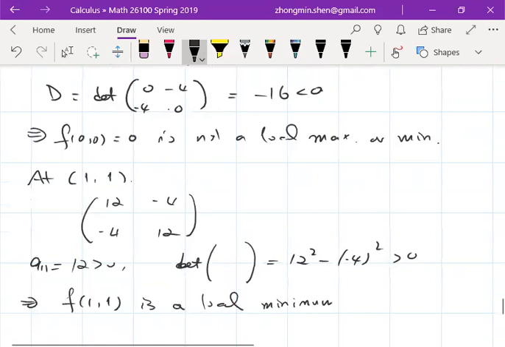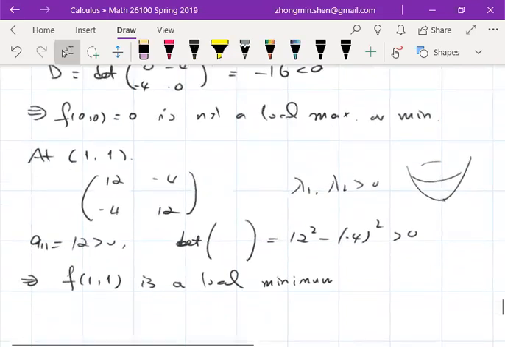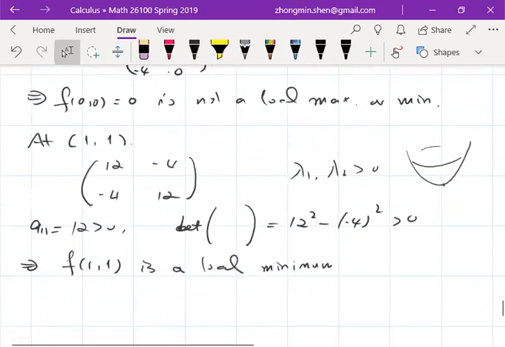Because all the eigenvalues here are positive. You can find the eigenvalues of this matrix if you want. The eigenvalues are positive, so the graph curves up. The graph looks like that, and so this has a local minimum value.